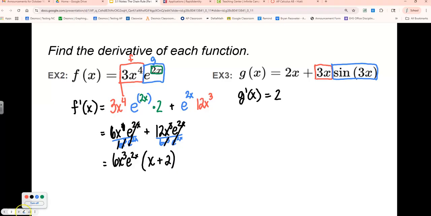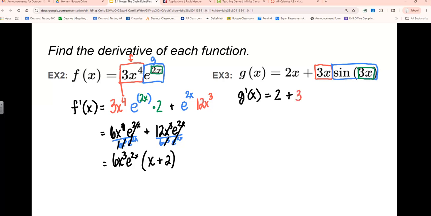Which piece of that needs a chain rule? It's the sine, because you don't have just the x on the inside, you got the 3x. So that part's going to need a chain rule. When we take the derivative of the 2x right here, it's just 2. It just hangs out front there. Then we've got to do the more complicated derivative over here on this side.